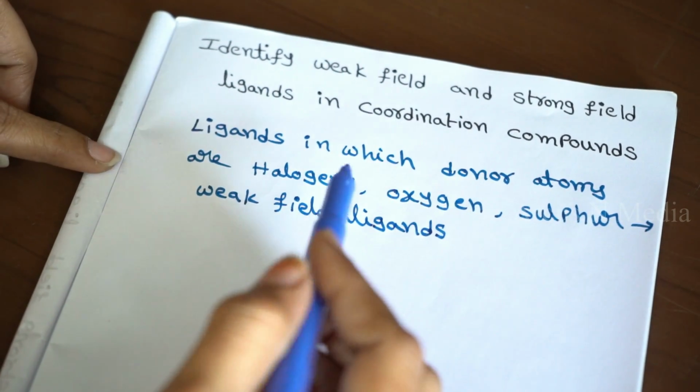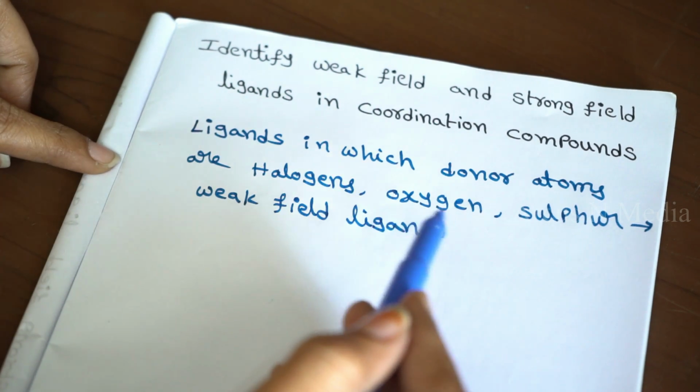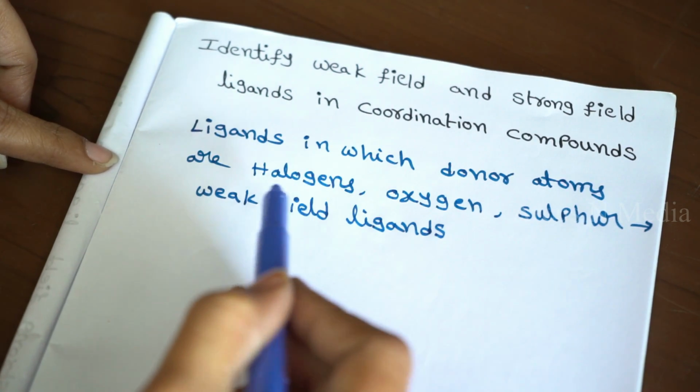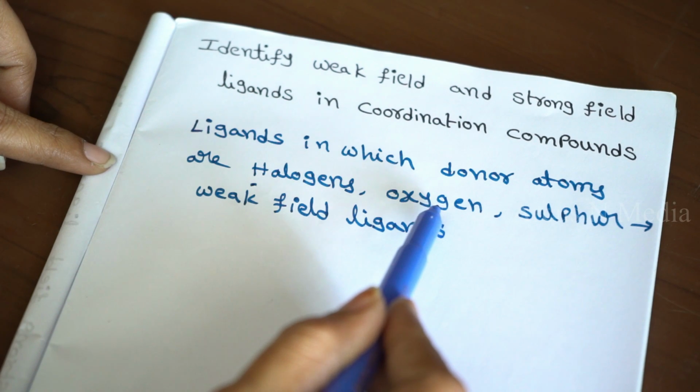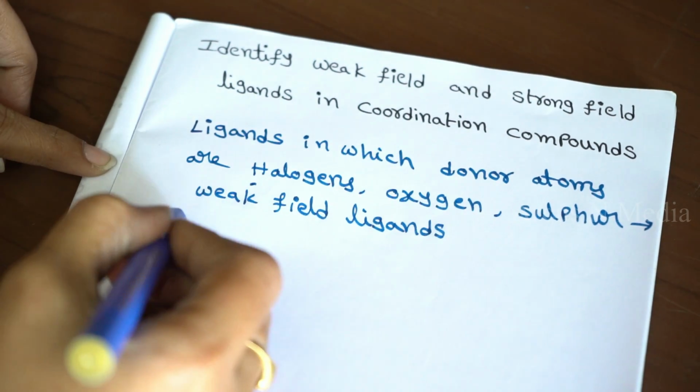Okay, students will understand which atoms are present. These will act as weak field ligands: halogens, oxygen, sulfur.